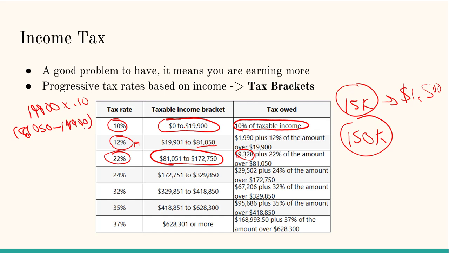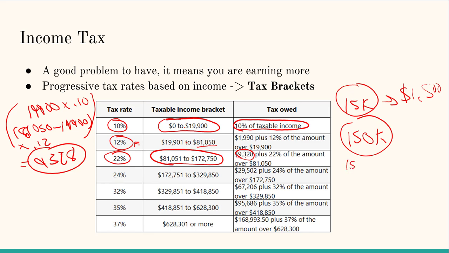So just the difference, and that multiplied by 0.12. So if you did this math, it's going to equal 9,328. So on this 150,000, the first 81,050 is going to be, this is the tax I'm paying on it. And the additional amount, which is what it's saying here.